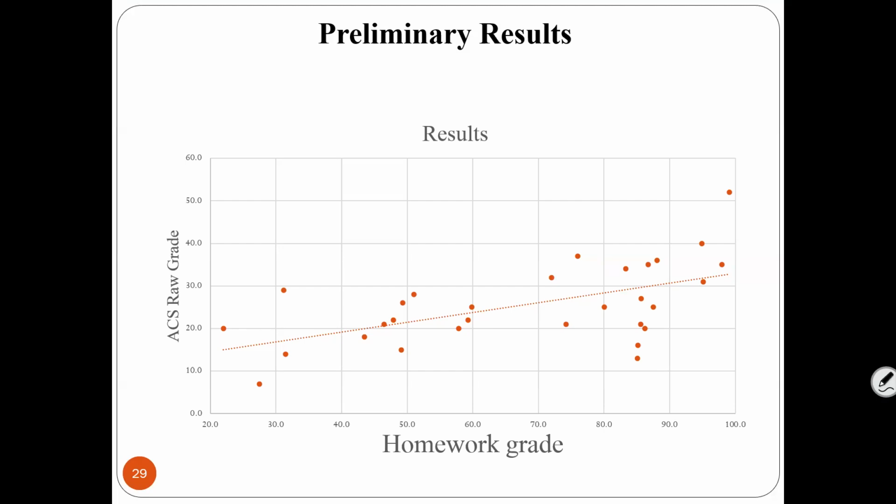The y-axis is the American Chemical Society exam grade, and the x-axis is the homework grade from the website. This is very preliminary. I did not do analysis. What I should do is look at whether students watched the video, or how much time they spent, and construct the correlation. All of this data can be downloaded to your own computer as an Excel file.